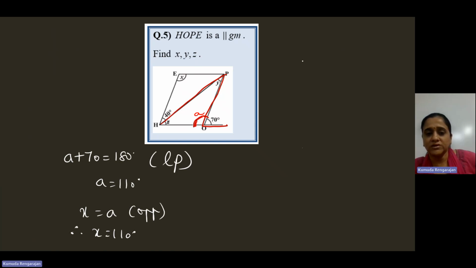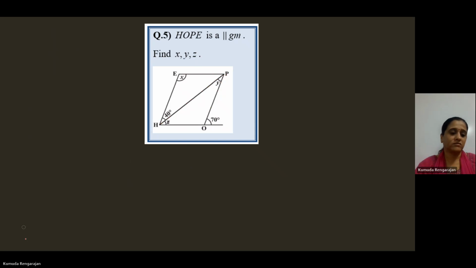Which two angles form a linear pair? Okay.